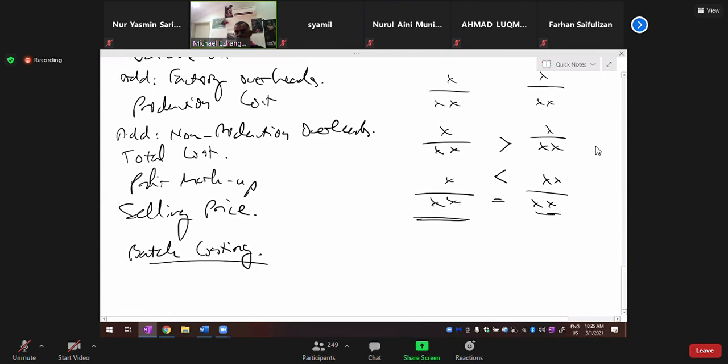Let's say you want to create a uniform for workers in your factory. Now, because you have many workers, you're not going to have one design. You're not going to make one particular set. You're going to make multiple sets. So you approach a garment manufacturer and tell him, look, I want to make a special uniform for the workers in my factory. All right. So how many uniforms, how many sets do you want? I want 100 sets. So instead of making one, the guy will make 100. Key difference between batch and job costing.